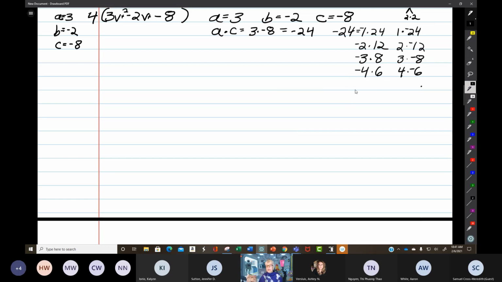Okay, now I look at these and I ask myself, where do I find a pair of numbers that add up to -2, the B number right here? And the answer is, well, -4 plus 6 equals +2, but 4 plus -6 equals -2.